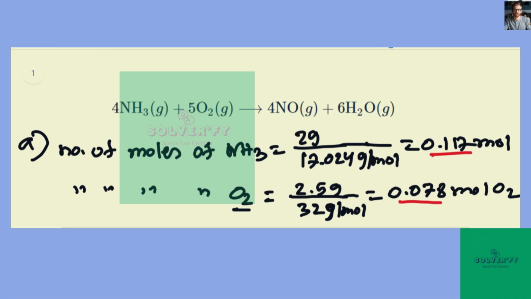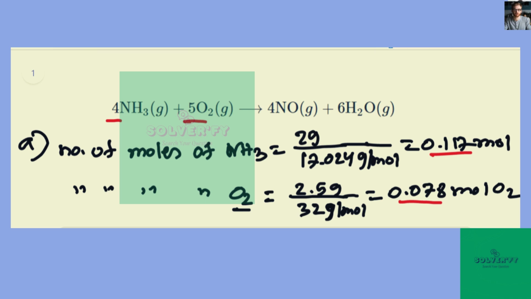So this is the number of mole of NH3 or ammonia, and this is the number of mole of oxygen. Now we have to find out which one is the limiting reactant, and as we know, the limiting reactant is the reactant which will be completely consumed. From the balanced equation you can see that for 4 mole of ammonia we need 5 mole of oxygen.